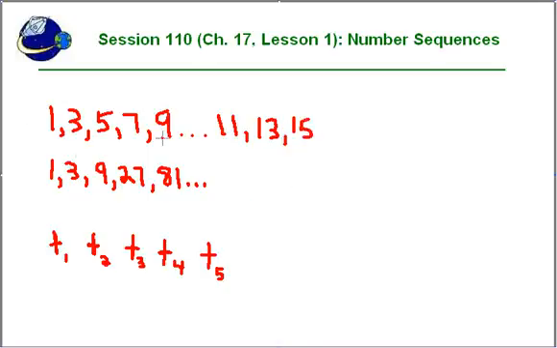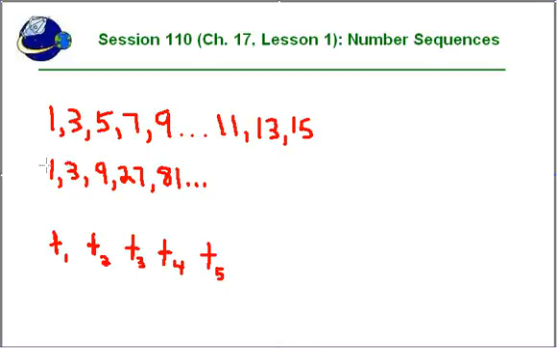When you have a number sequence where you add the same number to each of the terms to get the next number, we have what's called an arithmetic sequence. An arithmetic sequence is a sequence whereby you add the same number to each of the terms to produce the following term in the sequence. 1 is the first term, 3 is the second term, 5 is the third term, and so on.